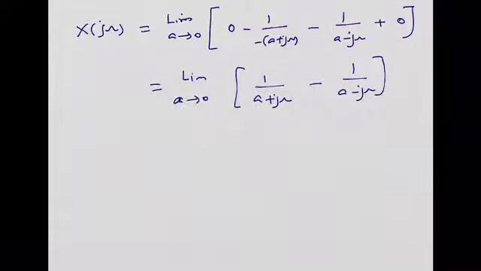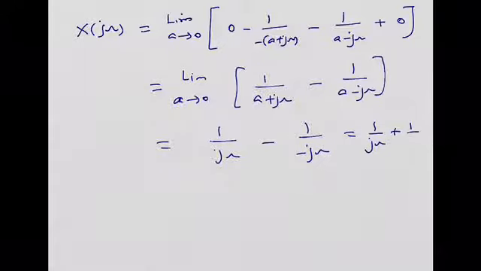Upon taking LCM, lower limit, upper limit, all those things, before proceeding with such simplifications, let us substitute a tends to 0 as a condition into this expression. So this will become 1 by j omega minus 1 by minus j omega. So this will become 1 by j omega plus 1 by j omega.